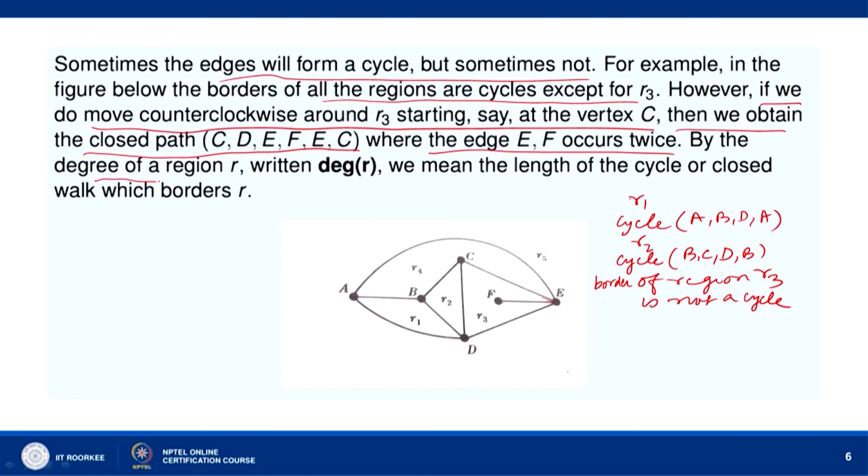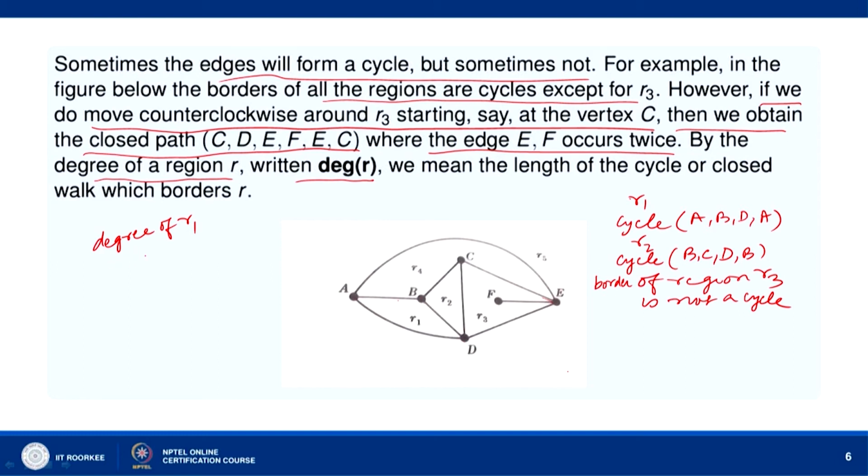By the degree of a region R, we mean the length of the closed walk which borders R. So, let us find the degree of R1. The length of the cycle here is AB, BD, DA, that is 3.